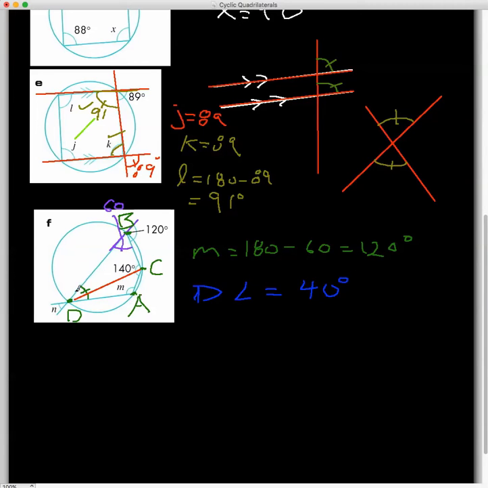So we have 40 degrees at this point here. And using the scissor effect, if this is 40, this would be 40 as well. So that gives us N is equal to 40.